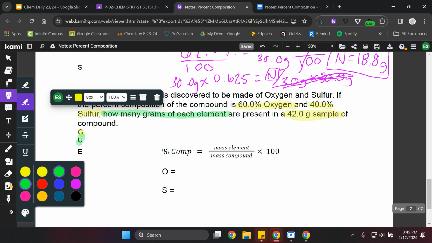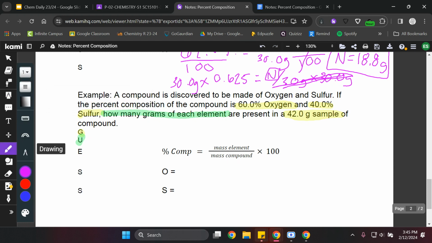So this problem is very similar to the problem above, but we're going to end up doing things twice. Once for oxygen, once for sulfur. So starting with our oxygen, percent composition is 60%. We do not know the mass of oxygen, but we do know that the mass of our compound is 42 grams. And then we multiply by 100 because this is a percent.